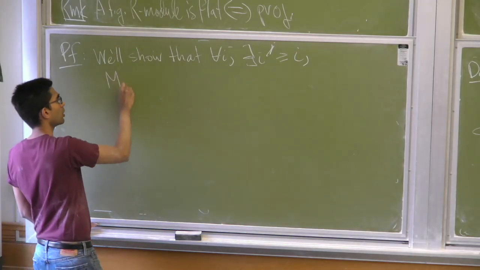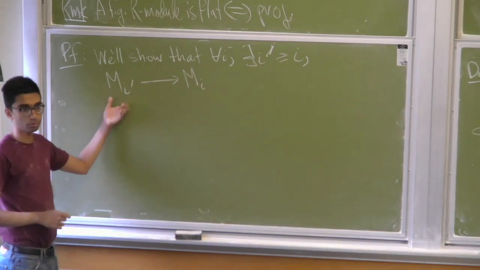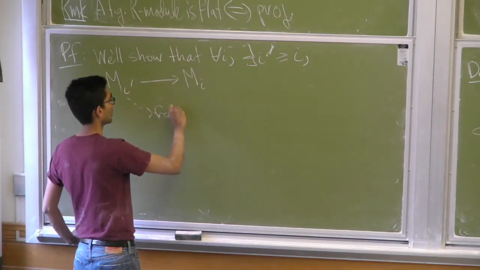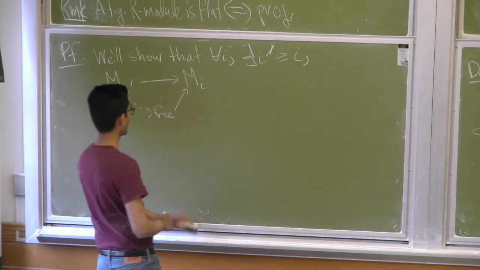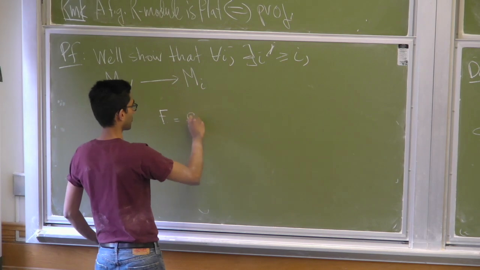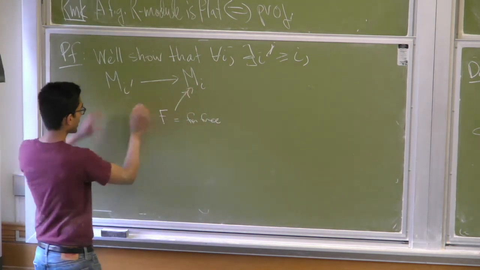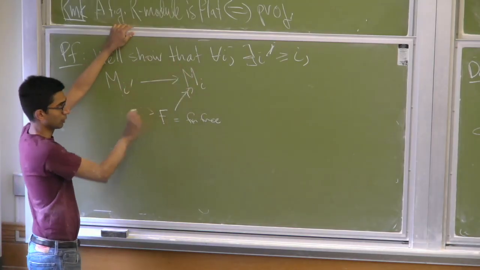So what we need to show is that these maps eventually factor through free modules. What you can always do is pick some finite free module F which maps surjectively onto this, and then the statement is that this map eventually lifts over here.